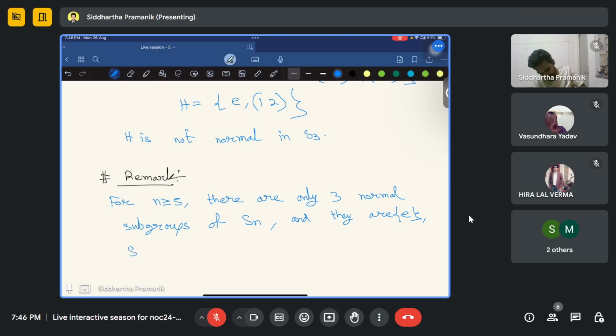Second one is Sn itself, and the third one is An.